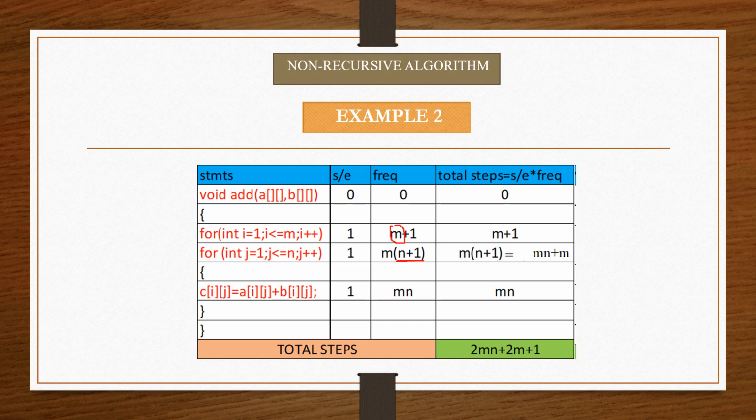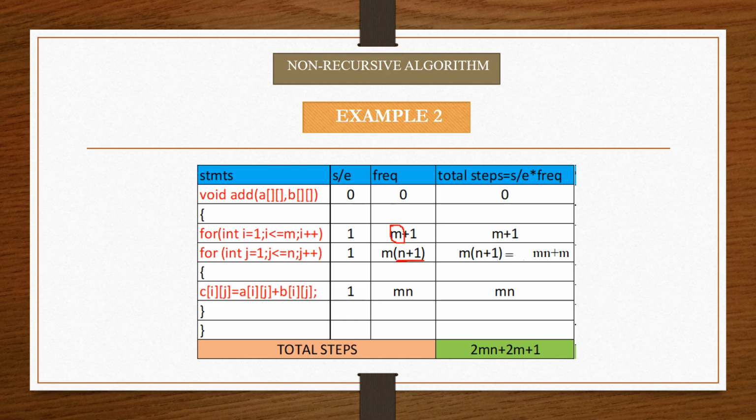That is why here I am including m into n plus 1. So this n plus 1 is for the inner loop, and this inner loop will execute for the true times of the outer loop. True times is nothing but m. So that is why I am writing m into n plus 1. The product of these two will be the total steps, that is m into n plus 1.